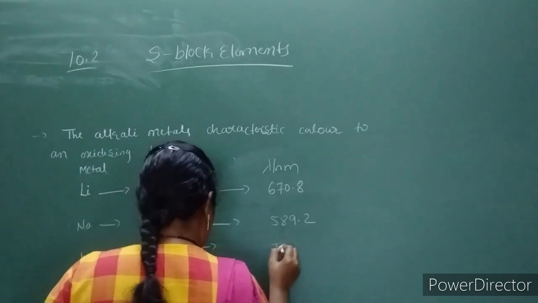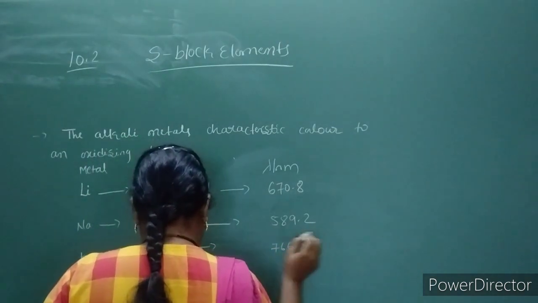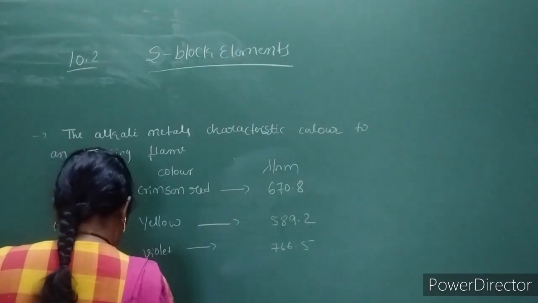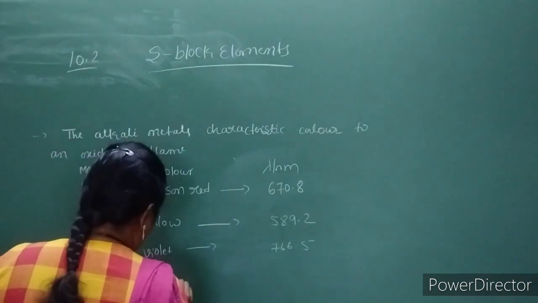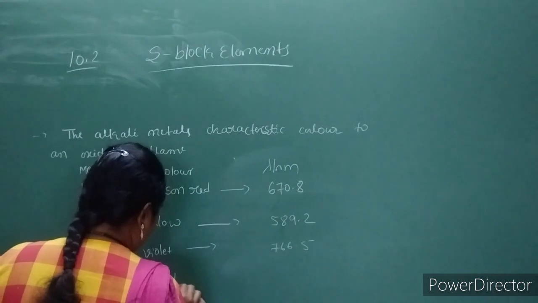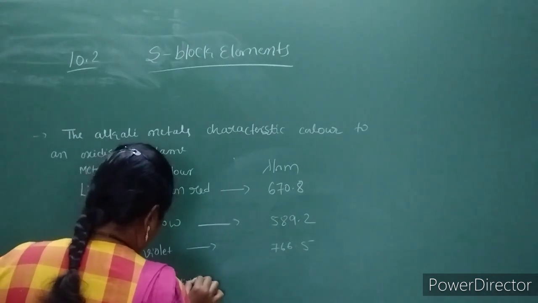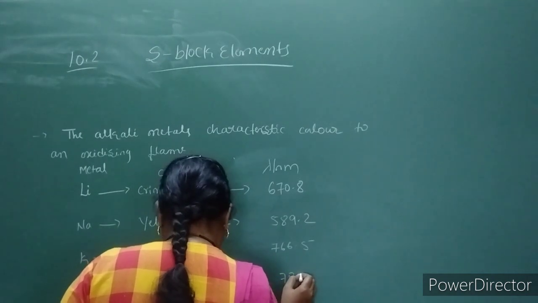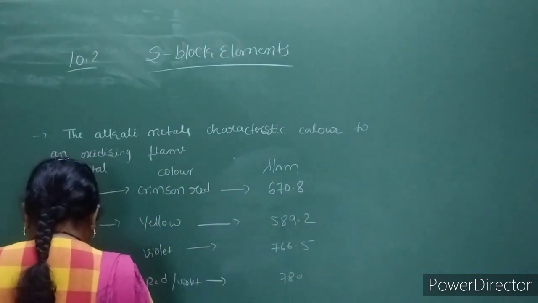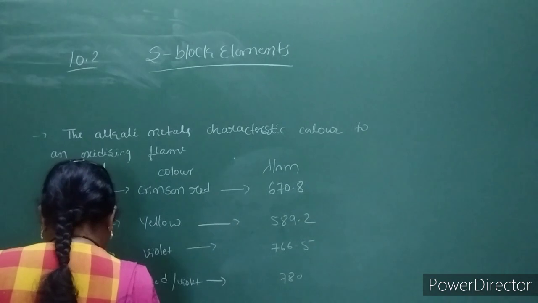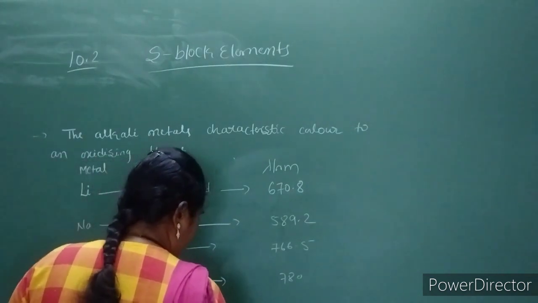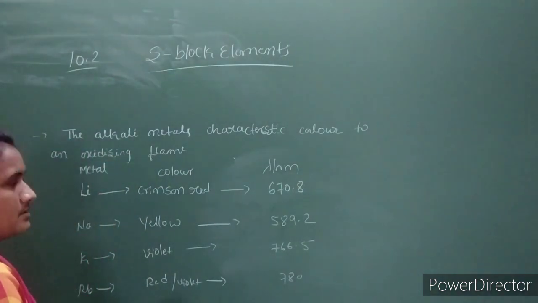at 766.5, and rubidium gives red color, and sometimes we also observe a red-violet color mixed, at 780, and cesium gives blue color at 455 nanometer.